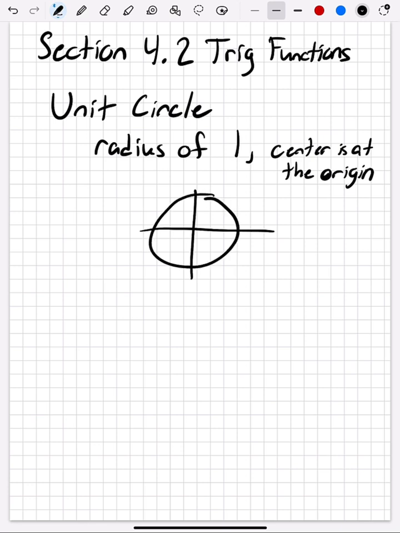So the center of the circle is at the origin, and then here would be 1, 0, here would be 0, 1, this point over here would be negative 1, 0, and then this down here would be 0, negative 1.